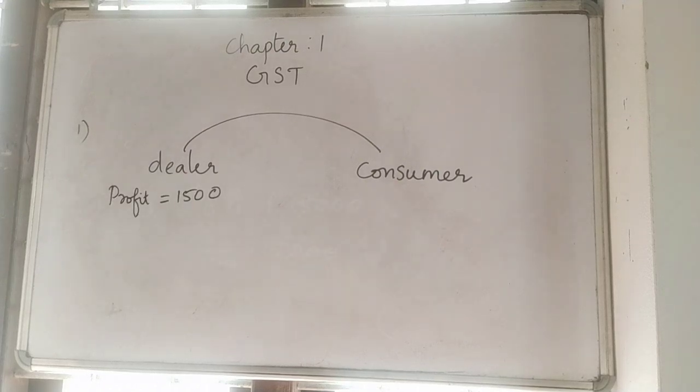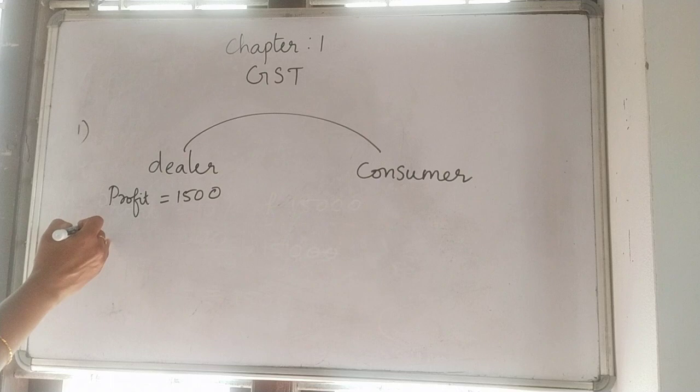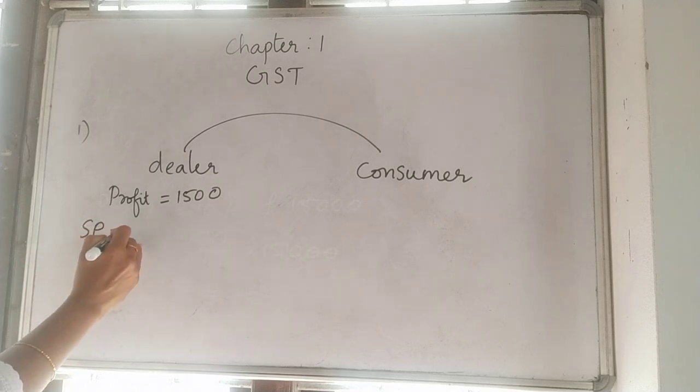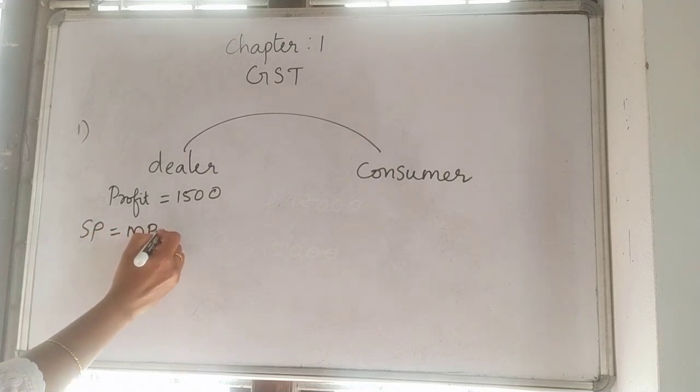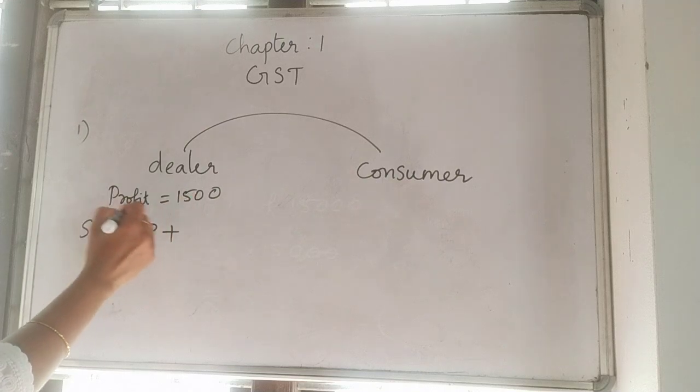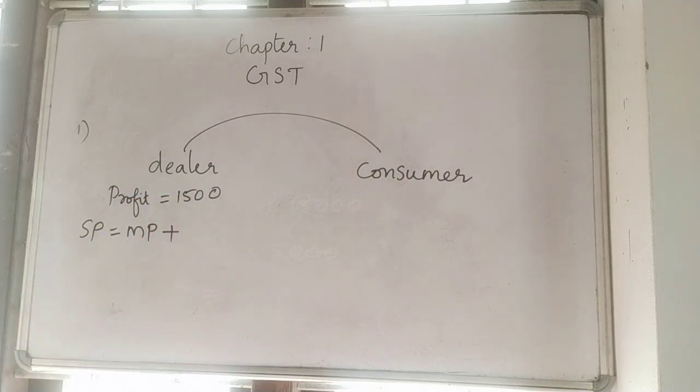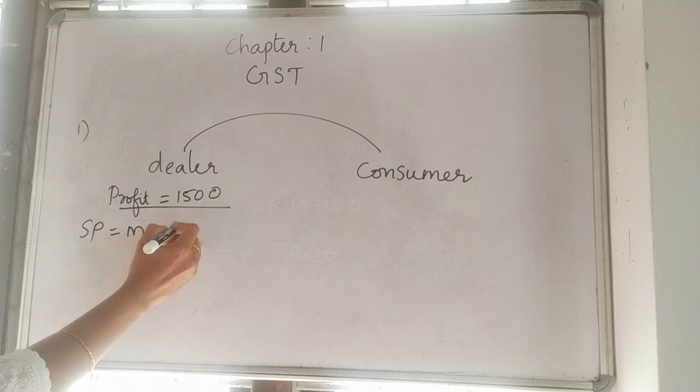So what will be the selling price excluding the tax? It will be marked price plus 10% of marked price. That means selling price will be the marked price we have plus the profit of 10% they have given. The profit we got is 1,500.